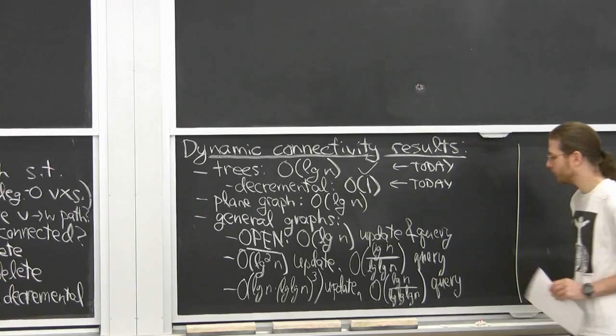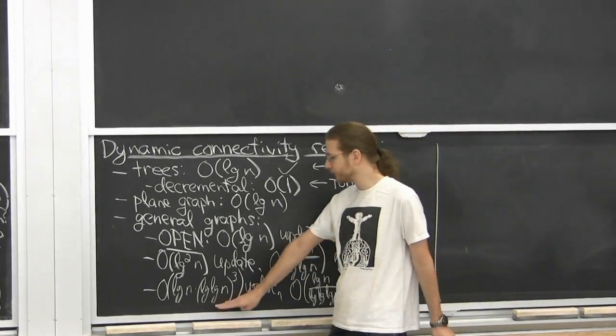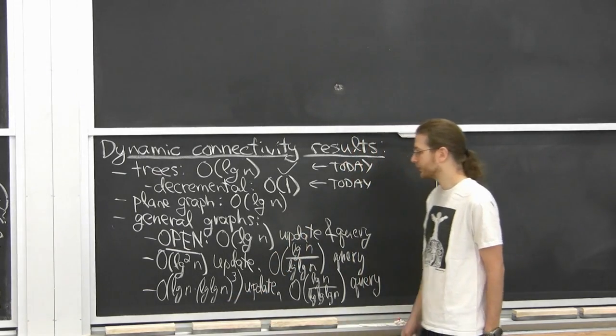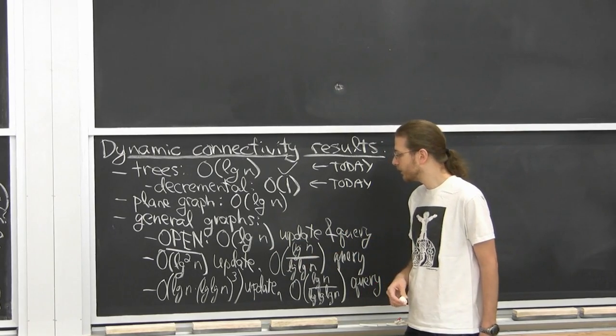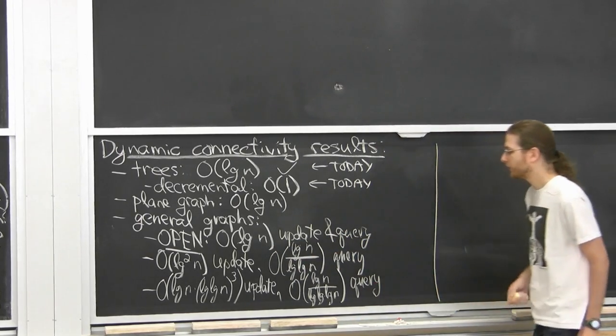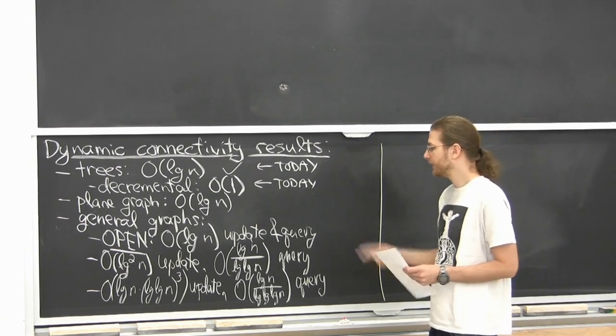It'll sort of make sense why in a moment. So the lowest update time known is this one, log n times log log n cubed. The big open question is whether you can get log n for update and any kind of reasonable query time. But ideally log n for both.